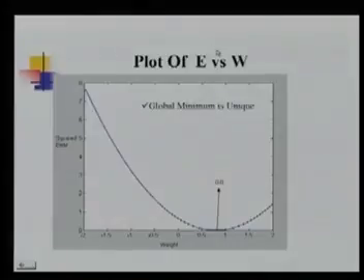Now, let us see, if we plot E versus W, you will see you have a concave-like function here and the minimum is exactly at W equal to 0.8. Okay. This is when I plot E versus the weight, which is the coefficient of y_{k-1}.